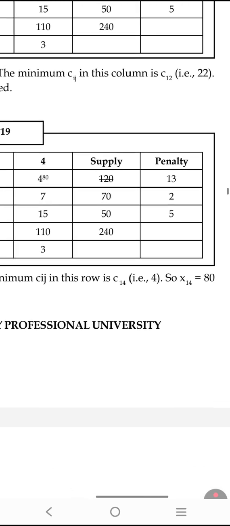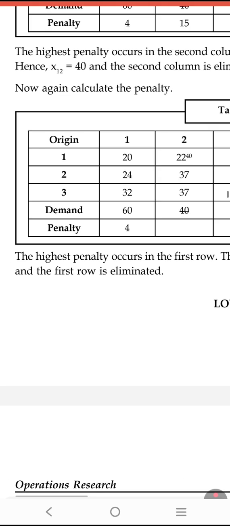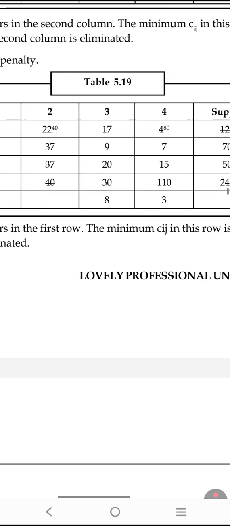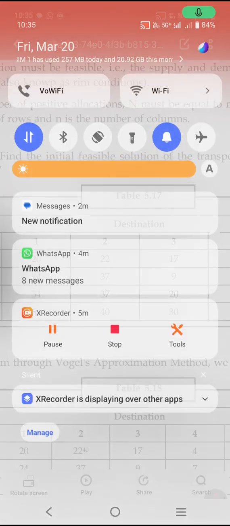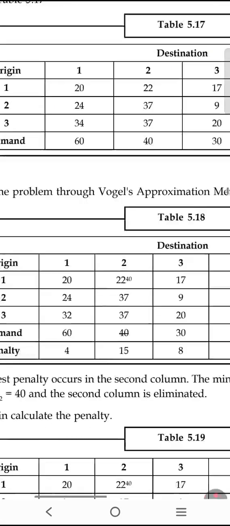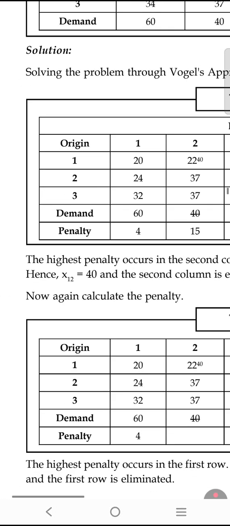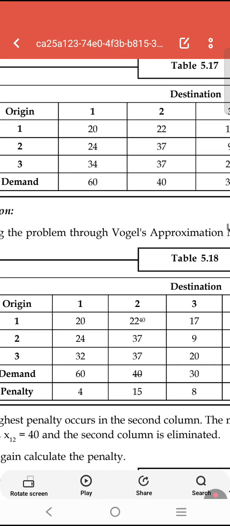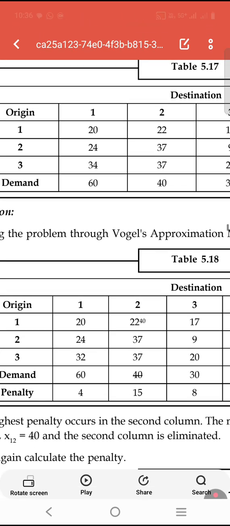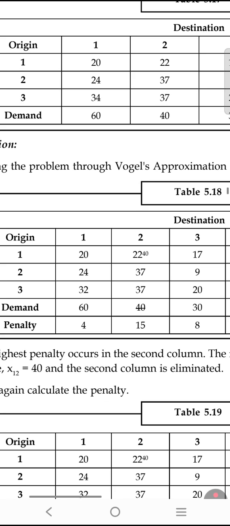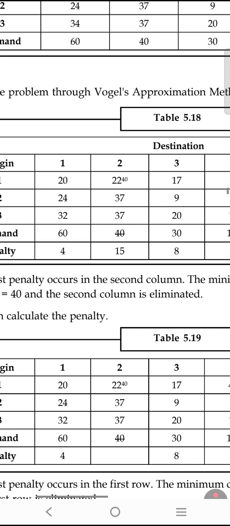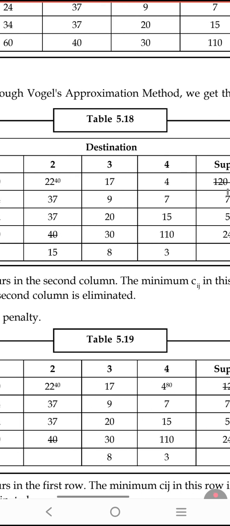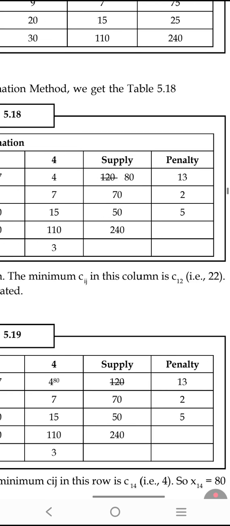We repeat the process and again find the penalty of each row and column. In the first row, the smallest cost is 4 and the next smallest is 17, so the penalty is 13.